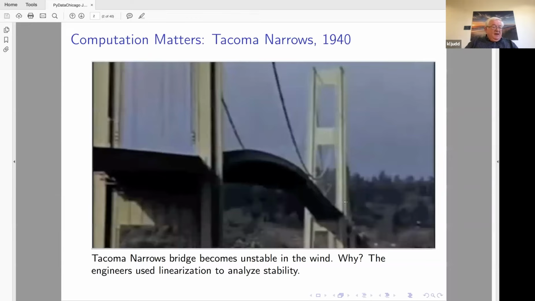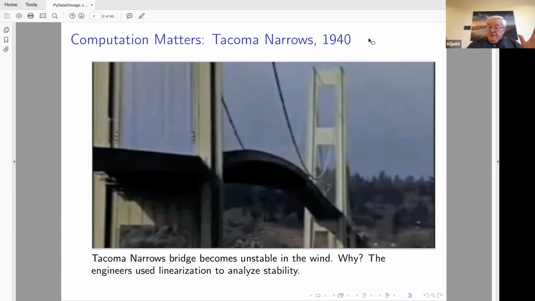Now, I always like to begin talks, particularly with economics audiences, to emphasize how computation matters. One of my favorite examples of where computation screwed up was the Tacoma Narrows Bridge, which collapsed in 1940, where engineers had used a simple linearization technique to analyze the stability of a bridge in the wind.